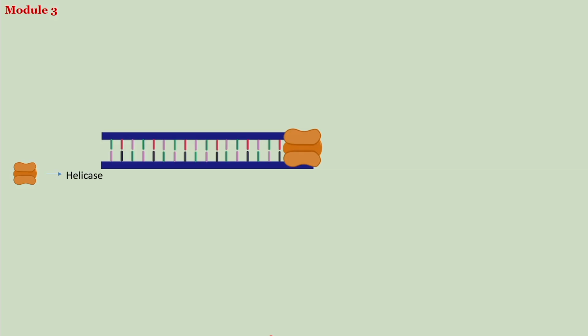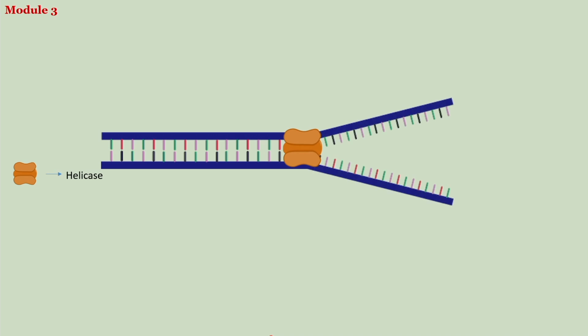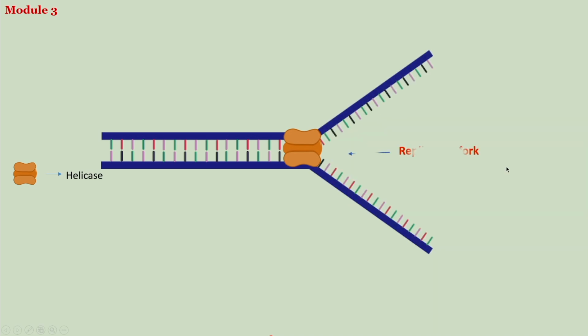The enzyme Helicase will come, bind to the double stranded DNA, and help open up partially the double strand into the 2 single strands, and it looks like a fork. This is the start of it.